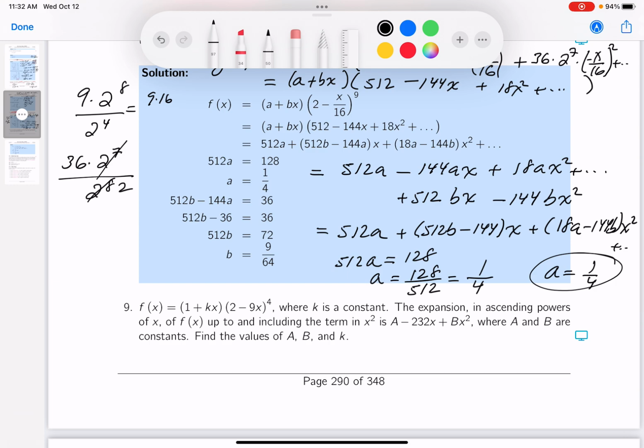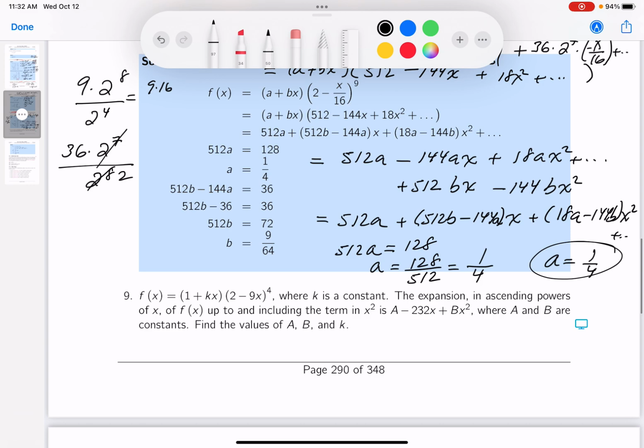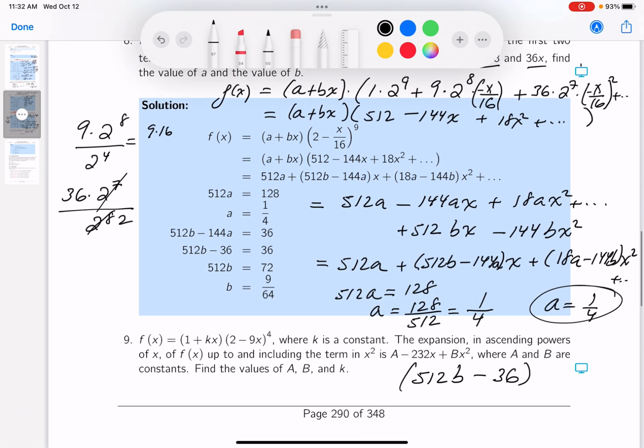Let's put that one down. Oh, you know what? I noticed a mistake. Just noticed that. So 512b minus, well, 4 goes into 144 36 times, because a is 1/4, and that's times x. And what's that going to be? Can't remember. Oh, 36.